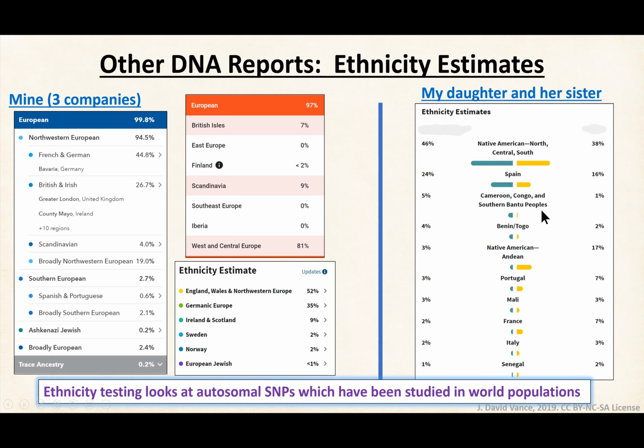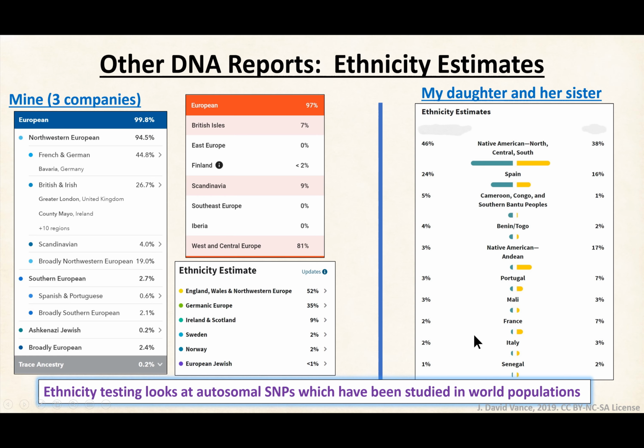Does that mean anything? Not really. The point is that they inherited slightly different DNA. That slightly different DNA carries with it slightly different DNA mutations. And though their basic ethnic makeup looks similar, the percentages they get are very different. So be aware that your percentages won't match any of your relatives precisely.